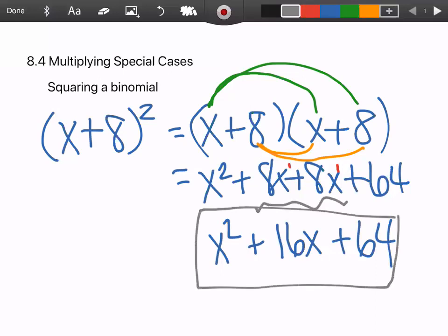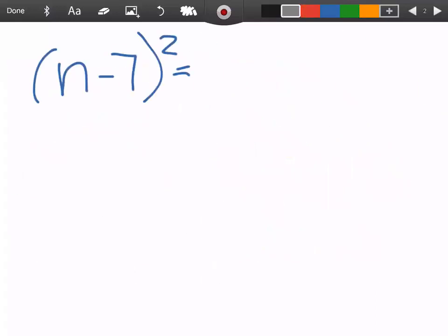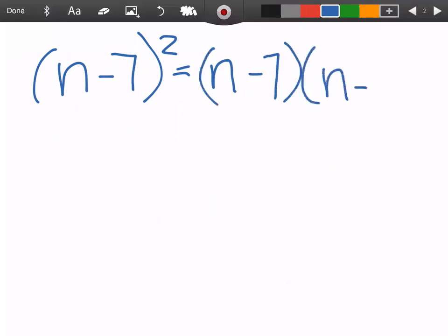On our next example, we are going to have a difference. So we're still going to square a binomial. Remember that binomials have 2 terms. So squaring this binomial, we're going to take n minus 7 and write it out twice. So n minus 7 times n minus 7.